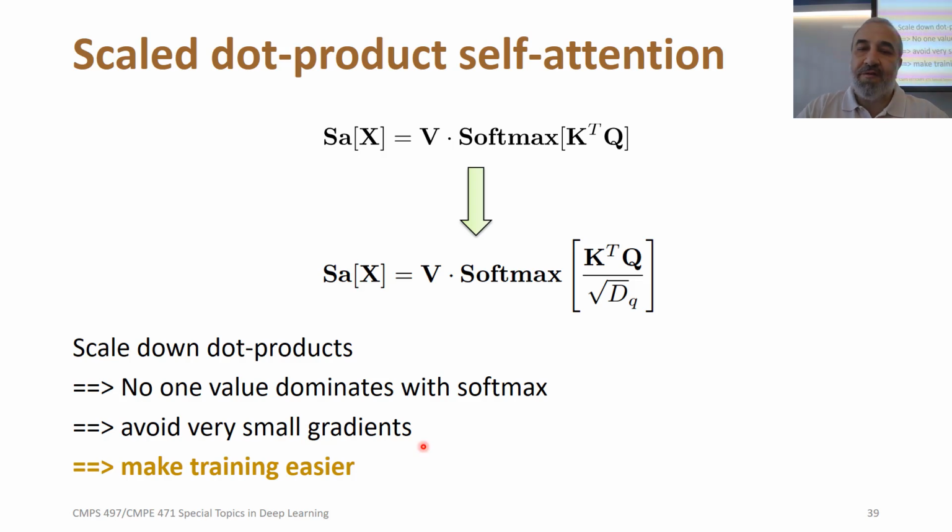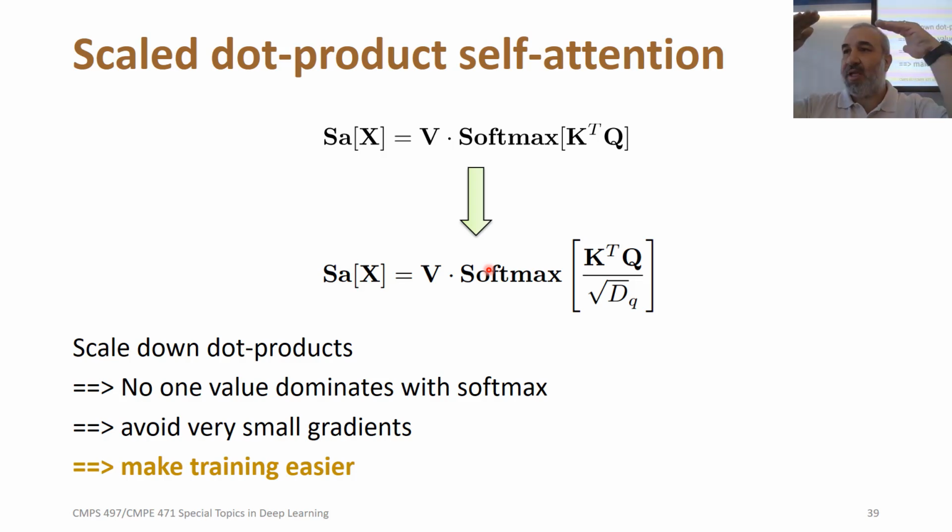One way of mitigating this is to scale down these values by dividing by a number. The number here is the square root of the dimension of the embeddings. Remember each embedding vector has a length, which is d in what we studied so far. So the square root of d is used to divide all the values before we do the softmax. What's the effect of that?